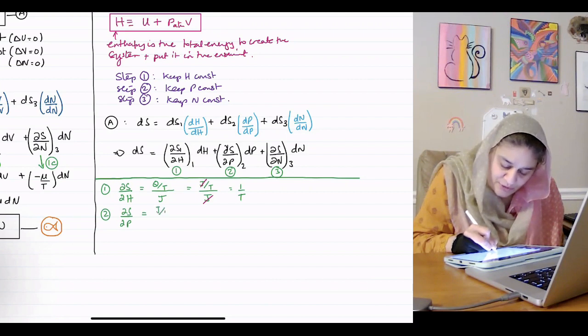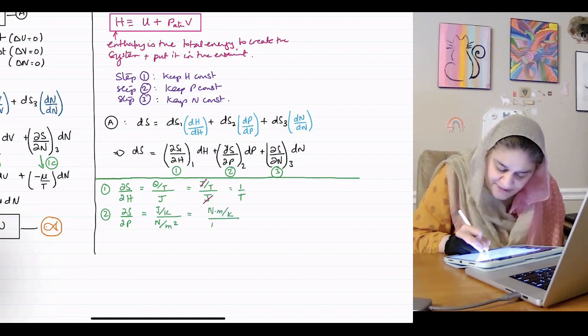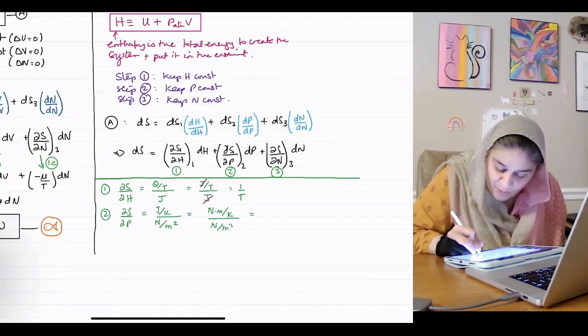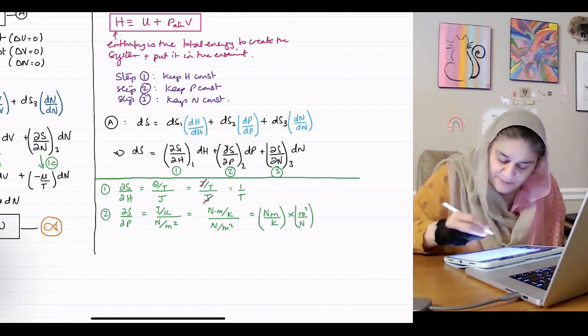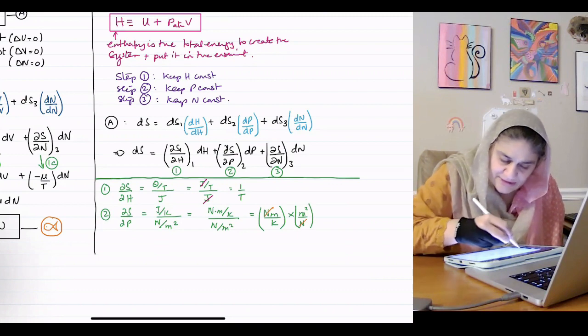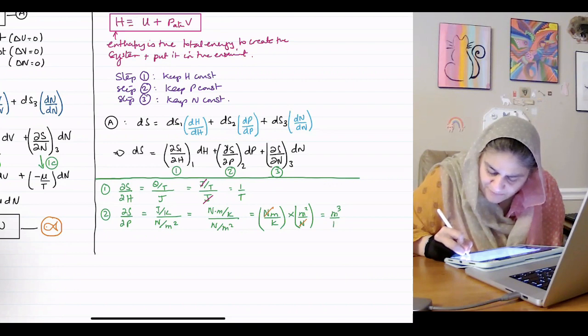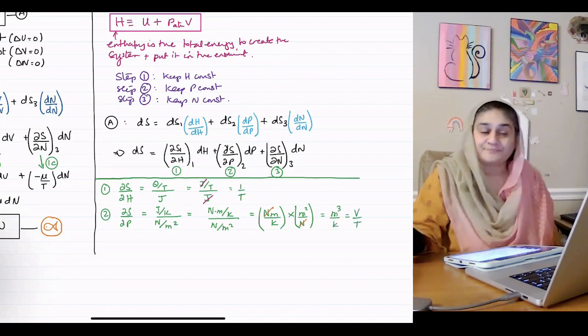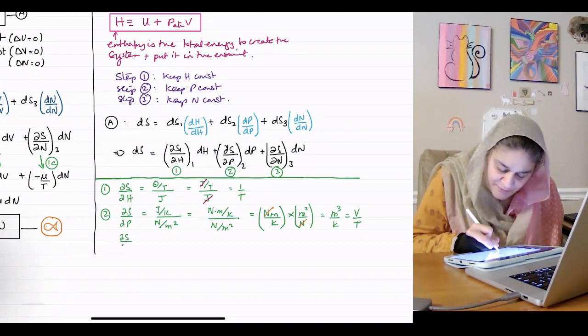This is joules over Kelvin divided by newtons per meter squared, or newton meters per Kelvin divided by newtons per meter squared, or I can write this as newton meters per Kelvin times meter squared over newtons, which implies newtons will get canceled, and I will be left with meters cubed over Kelvin, or V over T. And what is partial S over partial N?